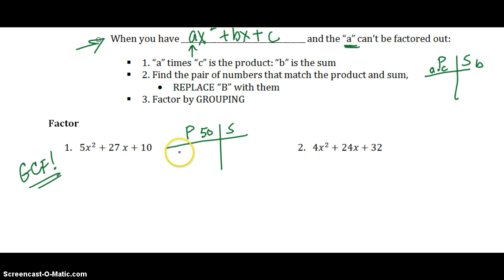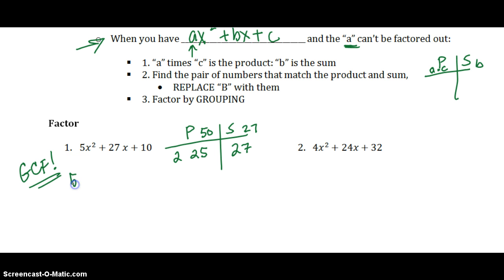So I need multiples of 50 whose sum is 27. I always think of 2 and 25 for 50. And 2 and 25, guess what? Their sum is 27. So that worked. My very first guess works.